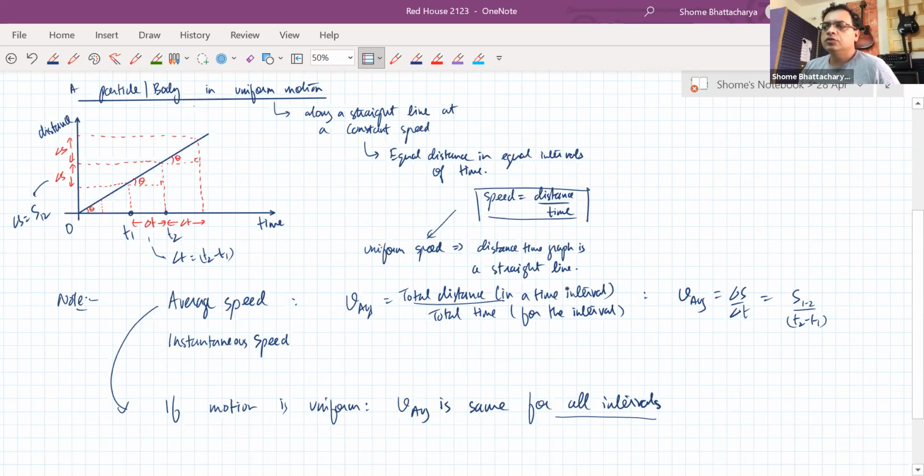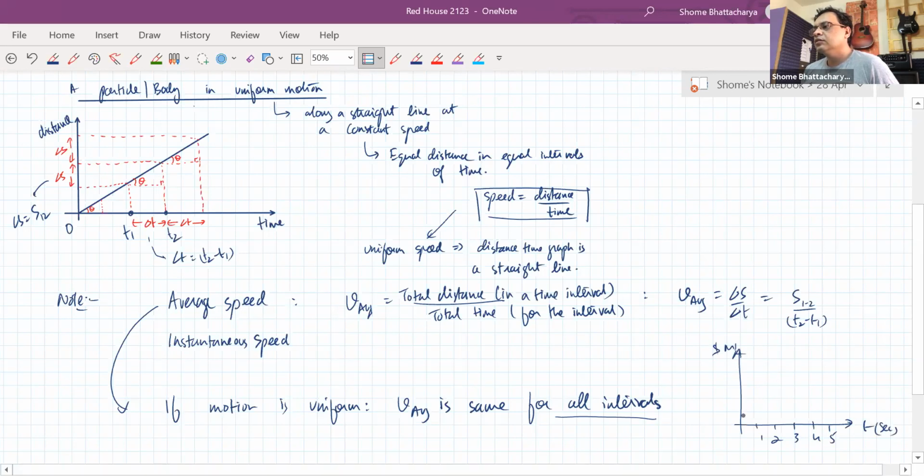So, if we have a graph of time varying according to 1 second, 2 seconds, 3 seconds, 4 seconds like this, and distance varying in meters, like let's say 10, 20, 30, whatever.